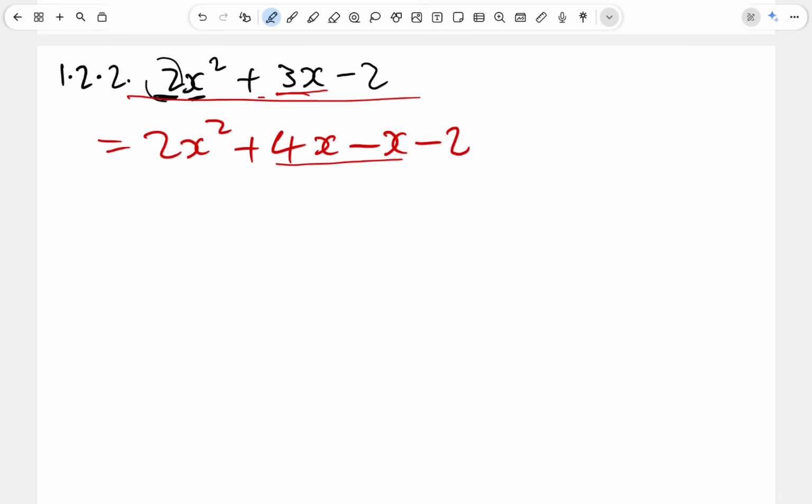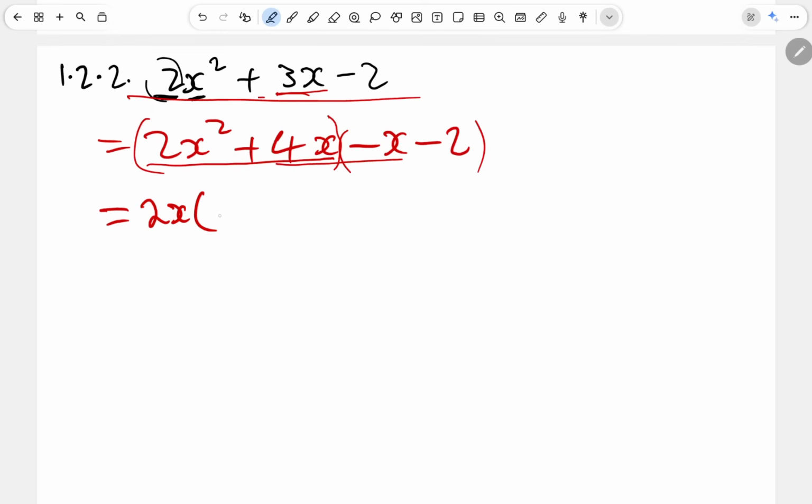We will use step number 4. We will factorize by grouping 2 by 2. We will group this and this and take out the common factor. From this group, the highest common factor is 2x.